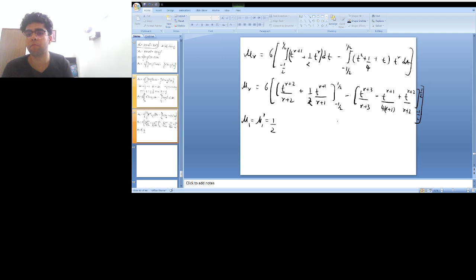See, I could have easily substituted half here, but substituting minus half would have been tricky, because I don't know if r is odd or even, right? So if r was odd, if I add 2 to any odd number, so if r is equal to 3, 3 plus 2 gives me 5, and 5 plus 2 would have given me 7. So I would have gotten an odd number, so this should have given me a negative half.